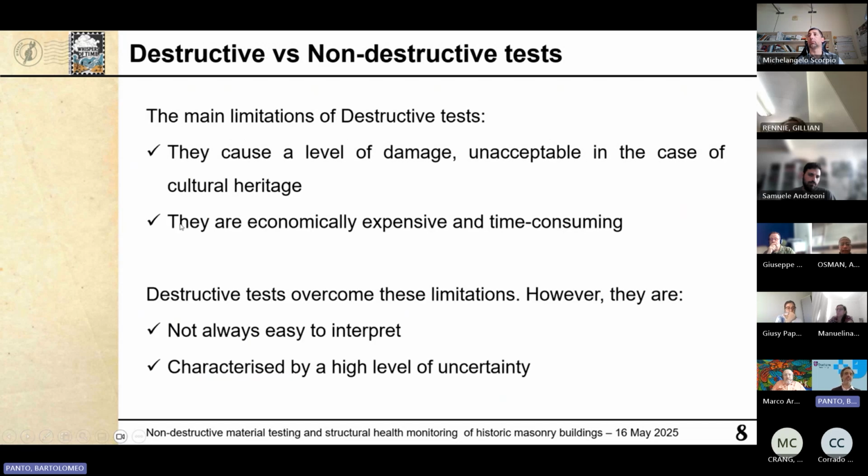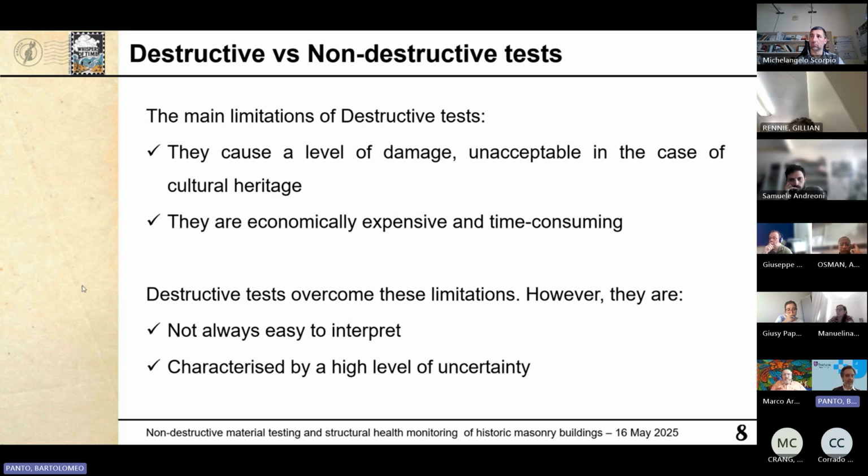These are the real reasons why non-destructive tests have been developed and are becoming very popular for historic masonry structures. The other disadvantage of destructive tests is that they are expensive. So due to budget limitation, people can realize very few of them.